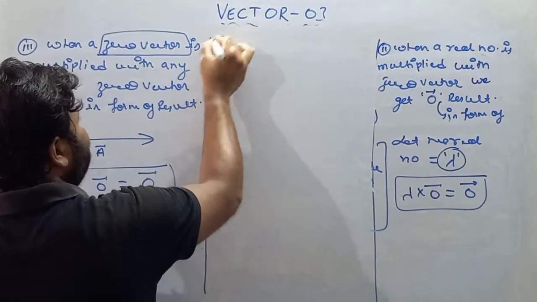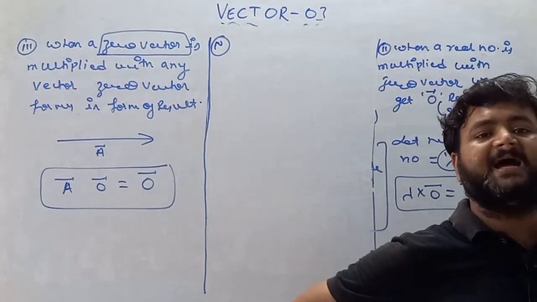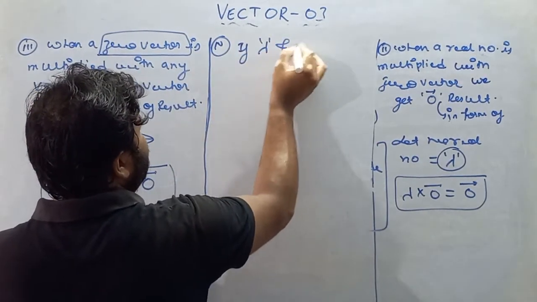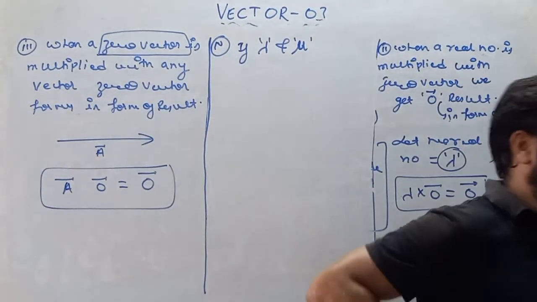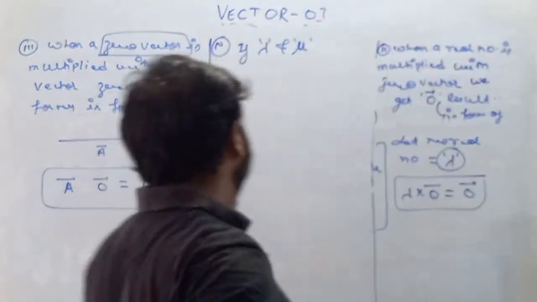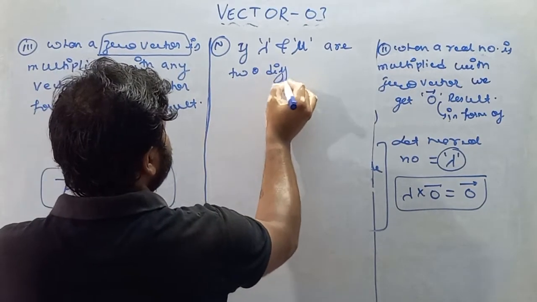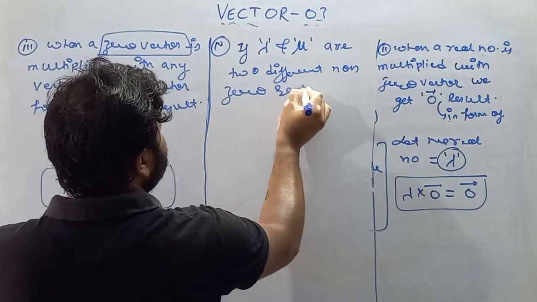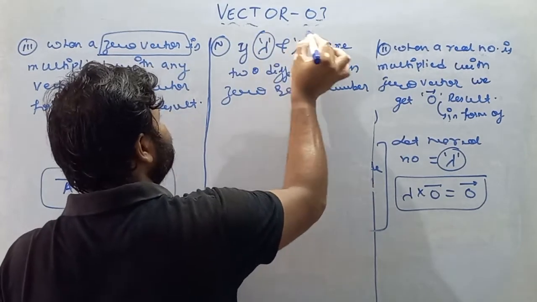So now our fourth property is, let's suppose lambda and mu are two different non-zero real numbers.